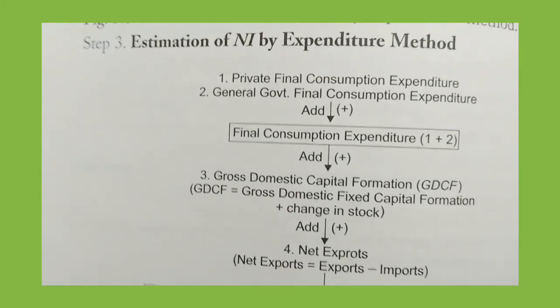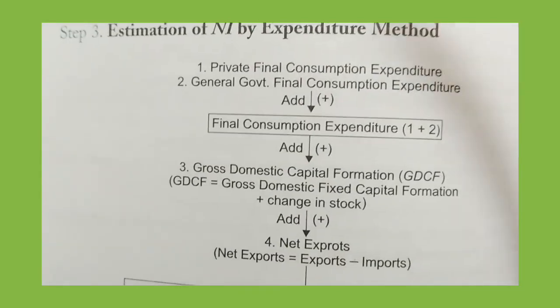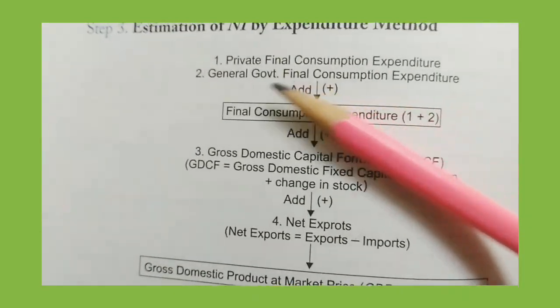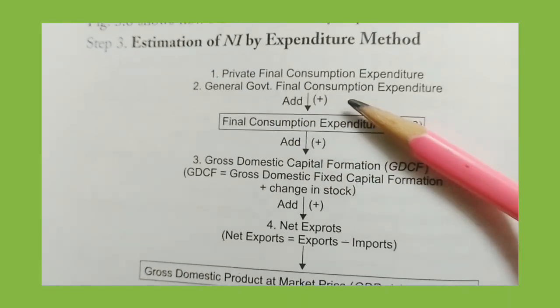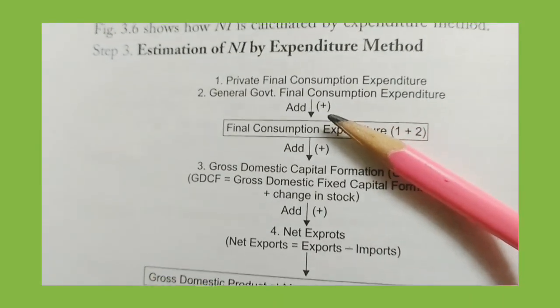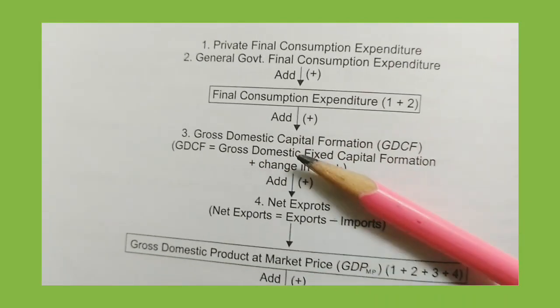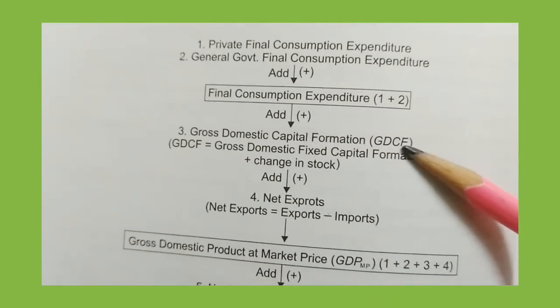Step 3: estimation of national income by the expenditure method. We take the private final consumption expenditure plus general government final consumption expenditure, that is the final consumption expenditure. Then add gross domestic capital formation, GDCF.